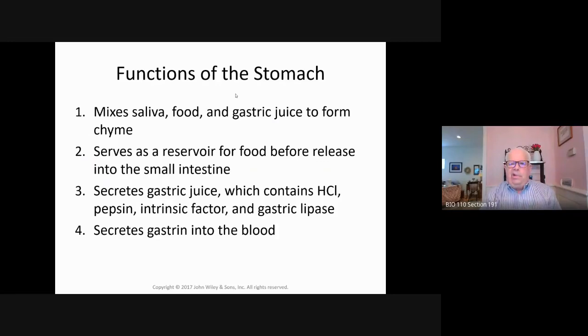A combination of food, saliva, and gastric juice, which we'll talk about, forms a mixture called chyme.